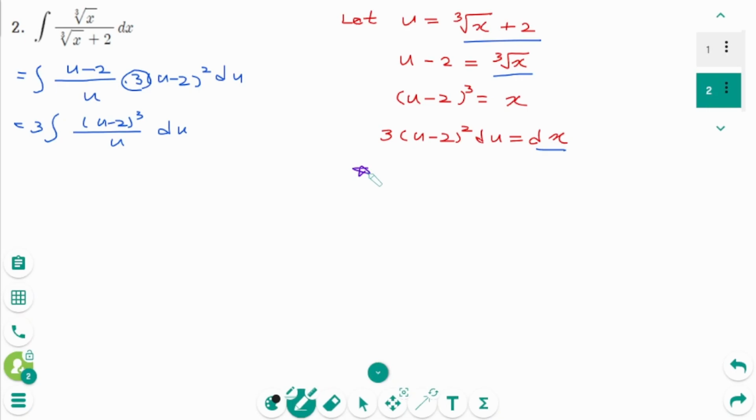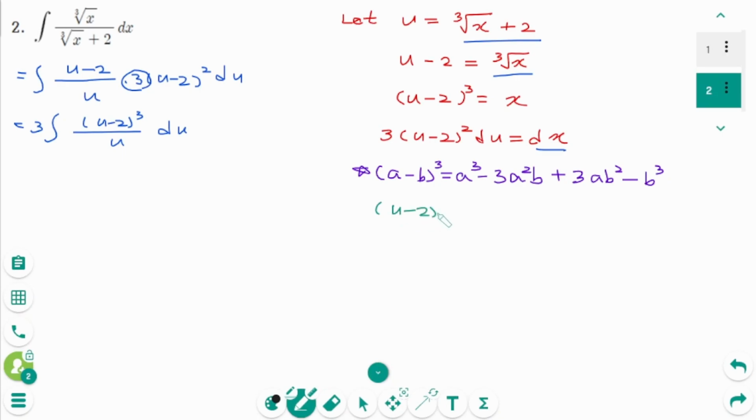Use the binomial theorem. a minus b cubed equals a cubed minus 3 a squared b plus 3 a b squared minus b cubed. Now the a part is u, the b part is 2.